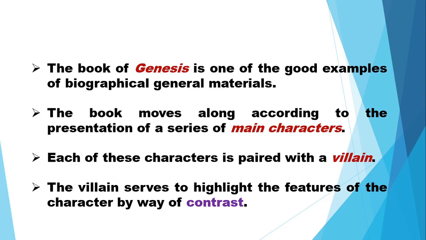So what is happening in the book of Genesis is that the main character is being contrasted with the villain. And that word contrast is one of the 17 patterns or structural relationships. That's why I said in this presentation, we begin to be introduced to patterns. So when we are doing a contrast in scripture, we are identifying a pattern in our material.